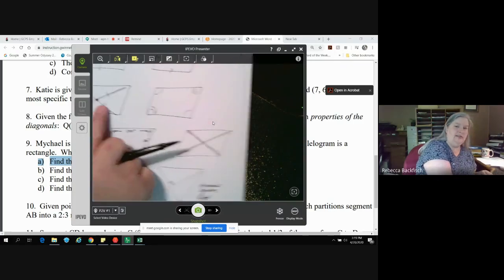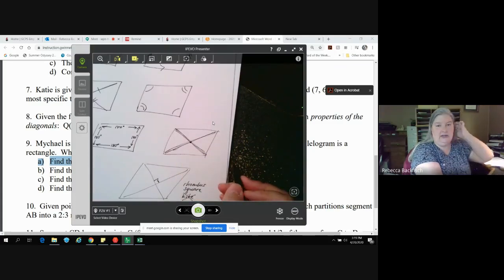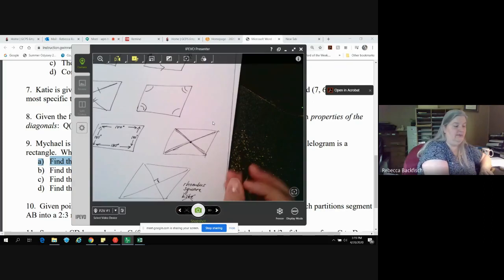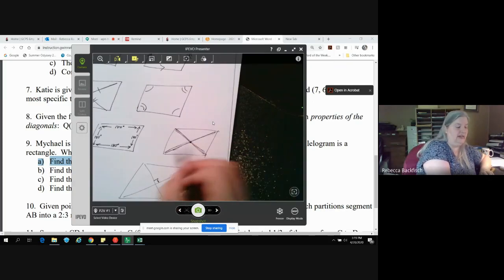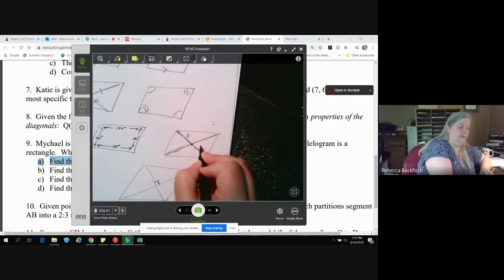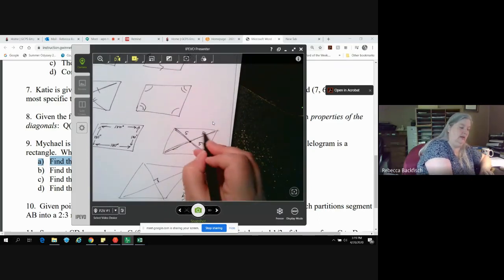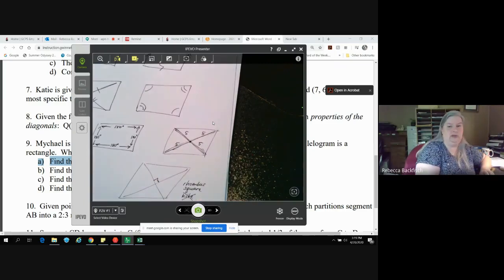So not diagonals bisect each other, but just the lengths are completely the same. However, since we already know it's a parallelogram, and we know that diagonals do bisect each other in a parallelogram, if the whole length were the same, like let's say that this whole length was 10, well, that means this whole length would be 10. So really all these little pieces would be congruent.